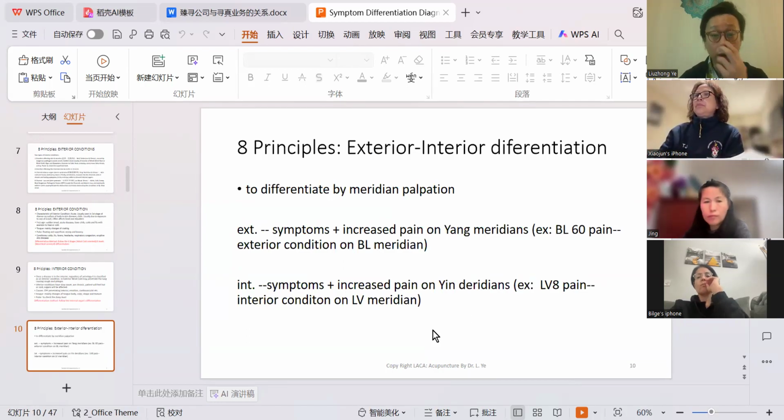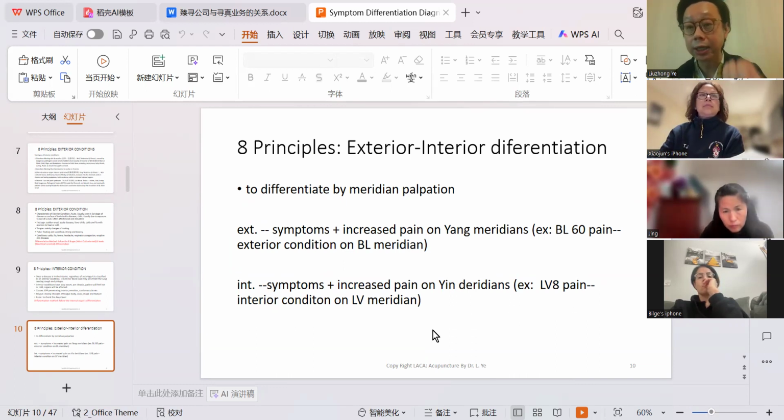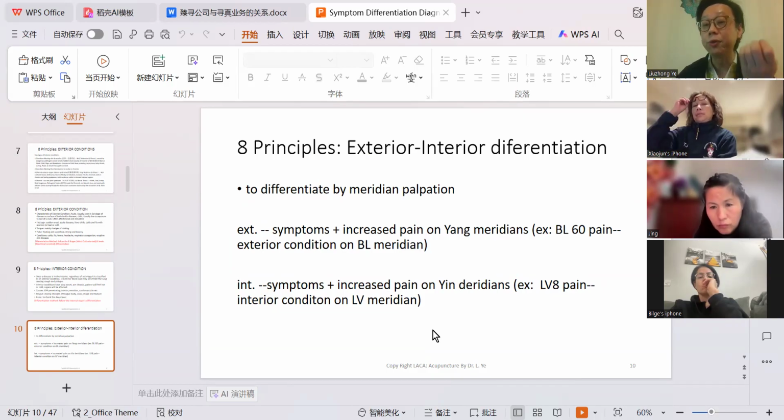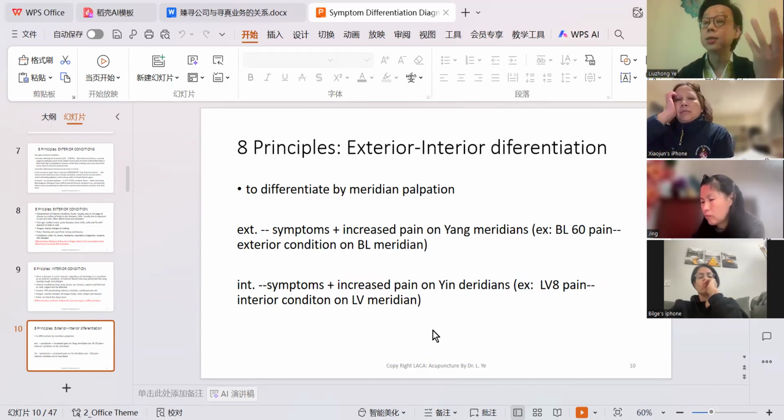So that's what we're trying to conclude here: symptom-wise, yes, you are able to figure out whether there are 6 evils, pathogenic factors affecting it, but to get exterior and interior fully understood and clearly differentiated, it will be better for you to get a more in-depth understanding by the meridian palpations.